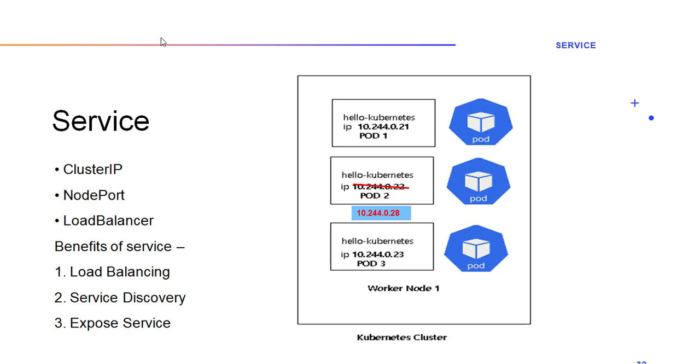So to resolve that, we have a concept in Kubernetes called service. Instead of directly calling our pods, we can communicate with the service, and then the service can communicate with the pods, and the service will resolve those IP issues. The service will have only one static IP that we are going to use, and then the service will take care of the pod creation and death part, right?